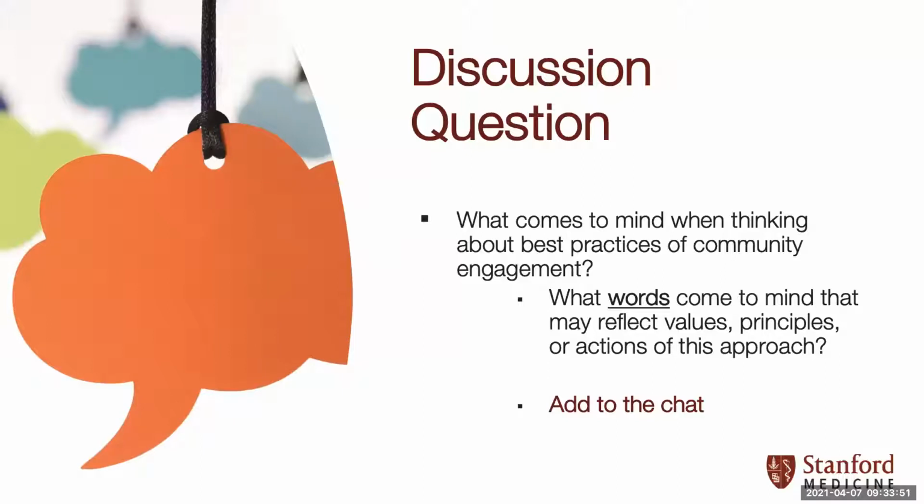Great. Thanks, Esther. Jonathan, trust, openness, involvement, equity. Sabrina, beneficial, right? It's actually beneficial to the community. Really, really wonderful. Collaborative. Thank you, Inez. Socially just. Great. All right, we can go to the next slide.